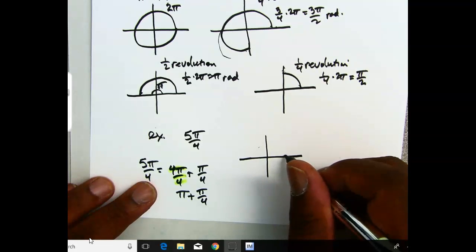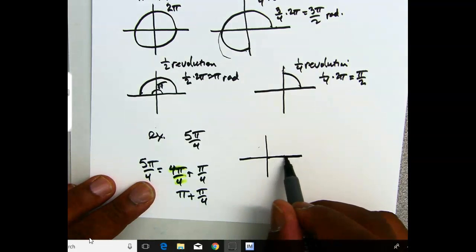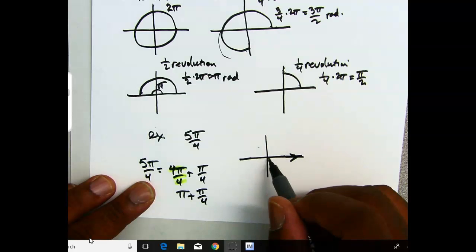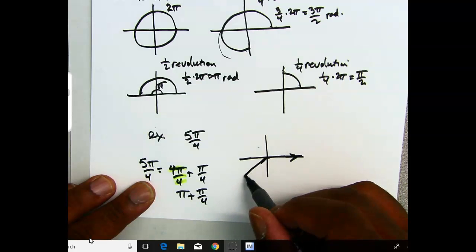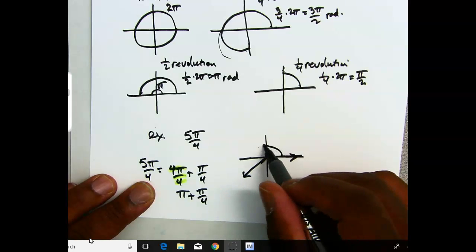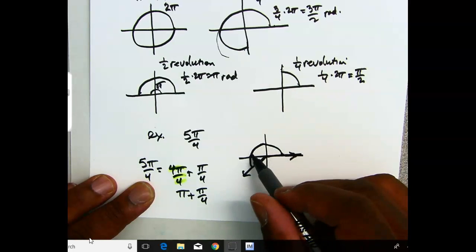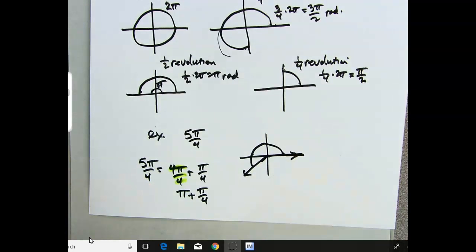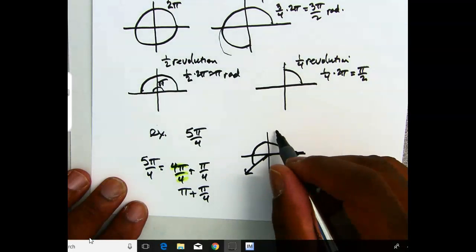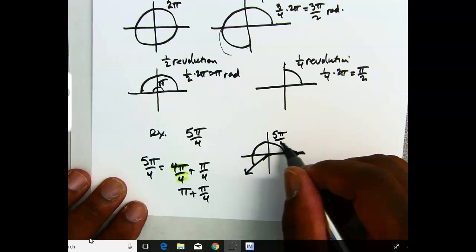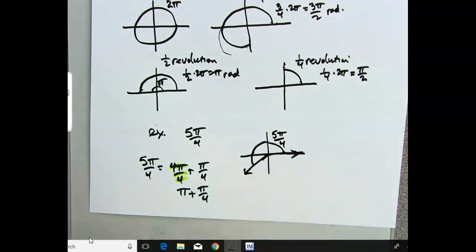Here's our initial side, and our terminal side is going to be here. We go pi units and then plus pi over 4. So this angle measure would be 5 pi over 4. We're going to be dealing a lot with fractions in generating these standard angles.